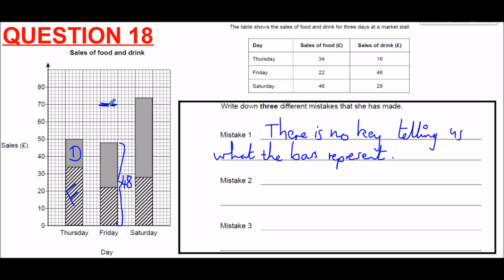In terms of writing that down in words, maybe something along these lines. For Friday, the sales of drink only is £48.